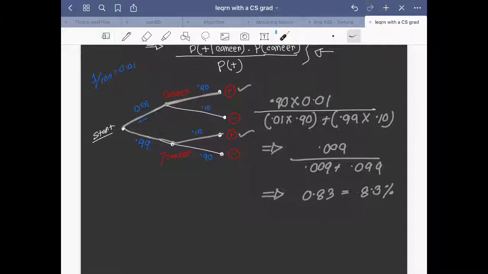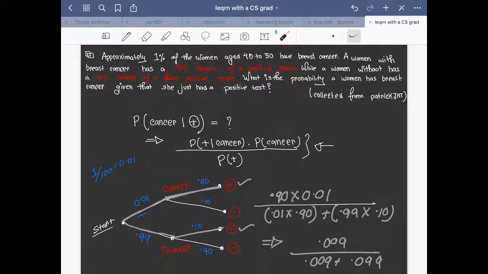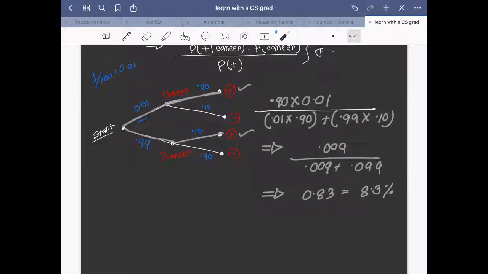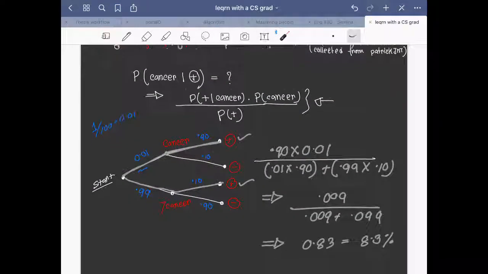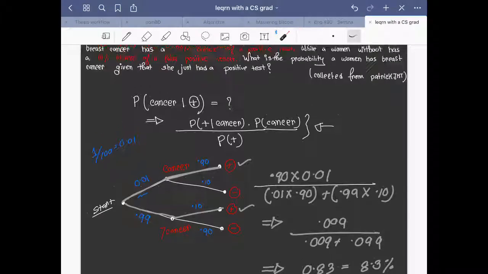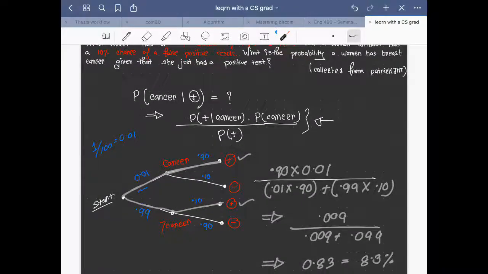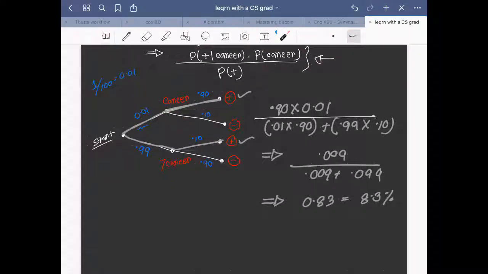This means that the probability of a woman who has breast cancer given a positive result is 8.3%, which is actually really good if all the statistics given here are true.